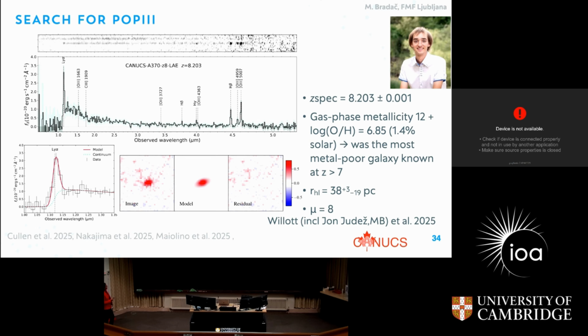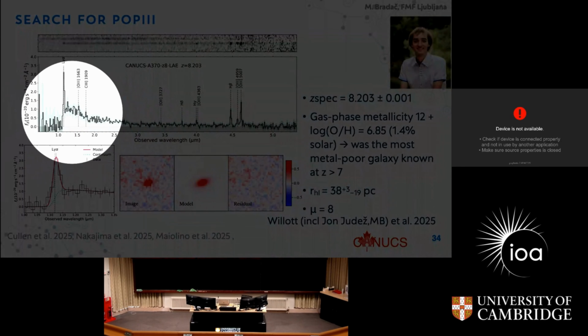The Pop III would be characterized by low metallicity, although that's by no means the only thing you need to really say this is a Pop III population. So here is a Lyman alpha emitter. What shocked me the most about this one is how strong the Lyman alpha is. Remember, this is prism observation, which dilutes Lyman alpha already because of the spectral resolution, and yet we see this booming Lyman alpha from this galaxy.